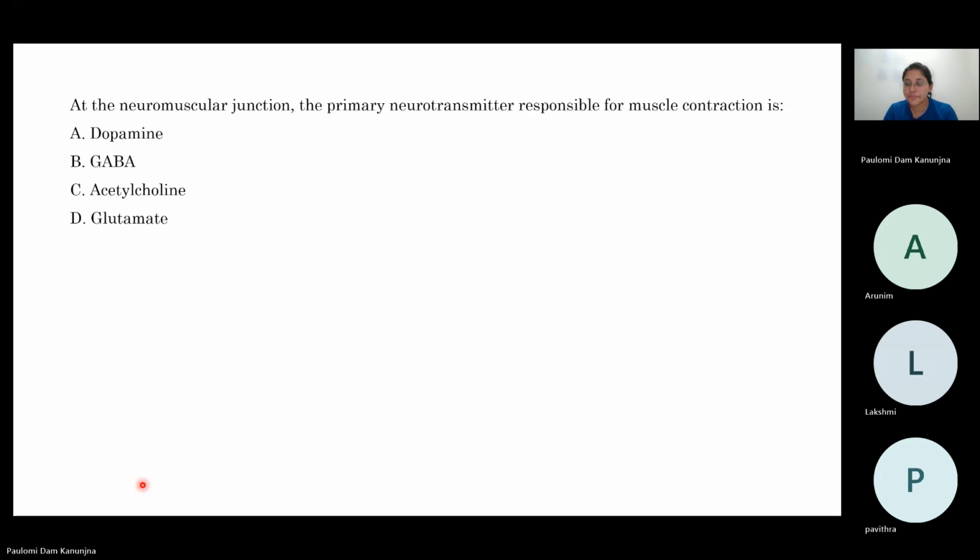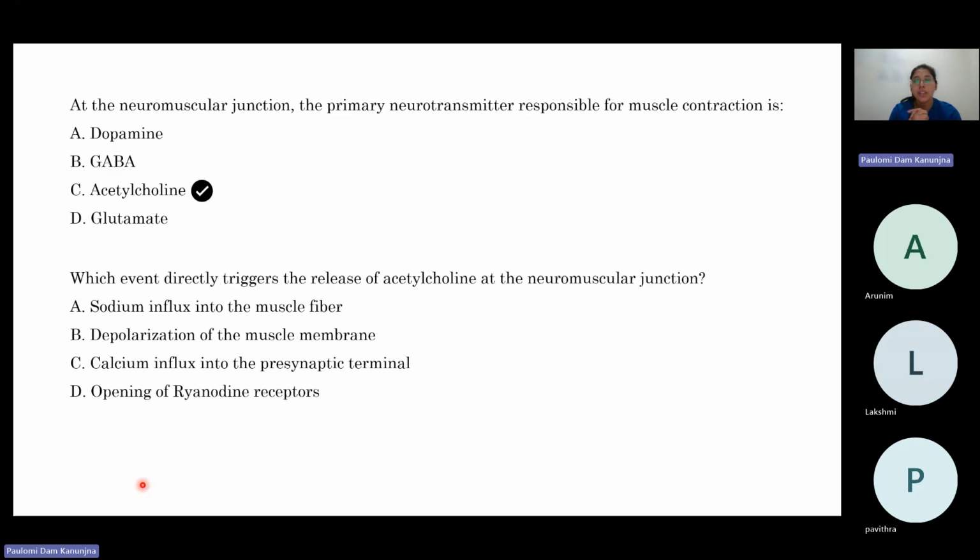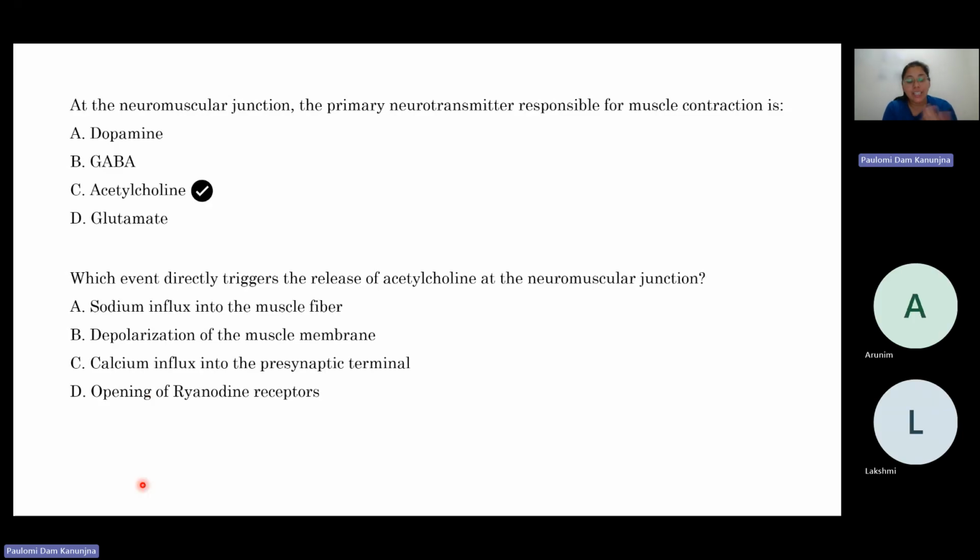Okay, acetylcholine. Yes. So now, if it is acetylcholine, what event triggers the release of acetylcholine? Basically, what triggers the release of the neurotransmitter? How does the neurotransmitter get released from the neuron end?